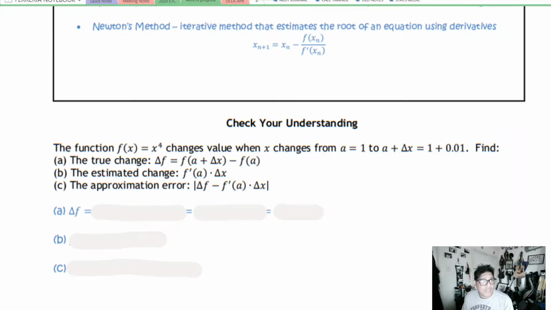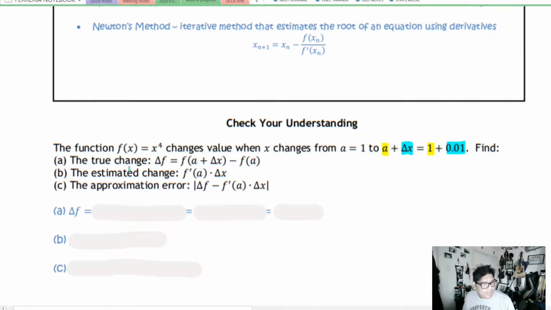So if you're paying attention mathematically, you'll notice here that without telling you, we've told you that a is 1, but furthermore, we've told you that delta x is 0.01. Those little details are the things that we're hoping you're paying attention to.